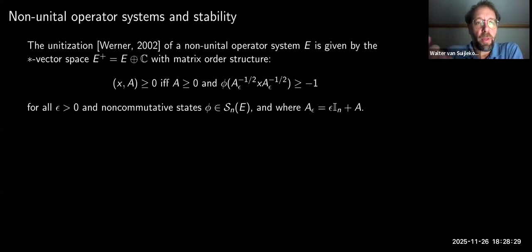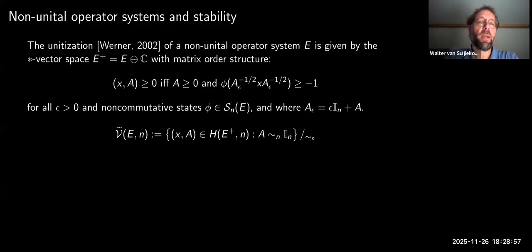So we work with this. We have E, we add to it the complex numbers, that's E plus. But the matrix order structure is actually coming from these non-commutative states that you act with on this operator system E. So these are duals of n by n matrices over E, and they're still states. And so that's the notion of positivity that you have in this E plus.